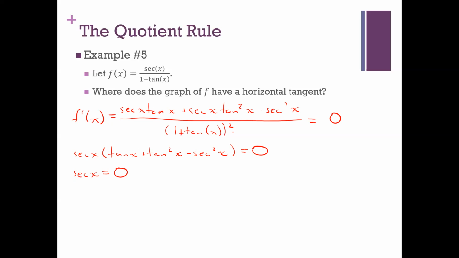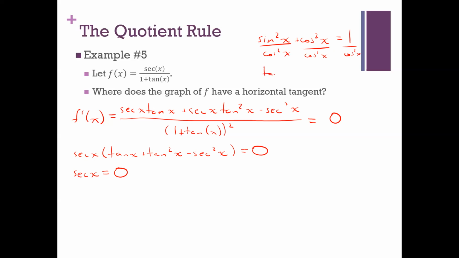It'd be really nice to simplify this thing in the brackets, though. So one thing I'm going to do here is remind ourselves of the other Pythagorean identities. Here's the one that we all remember: sine squared of x plus cosine squared of x equals 1. I'm going to divide all these terms by cosine squared of x.